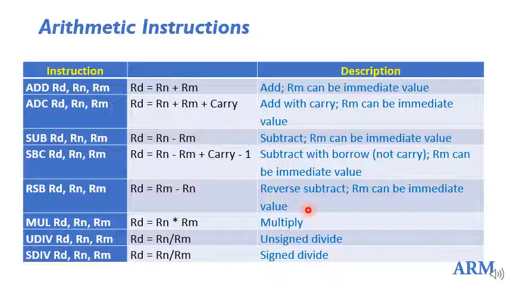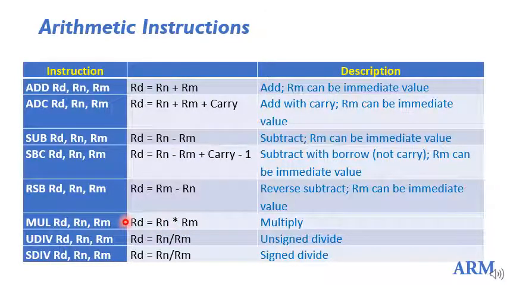Coming to multiplication, the mnemonic is MUL for multiply. Okay, and the syntax is RD, RN, RM. So here Rn into Rm is performed and stored in RD.